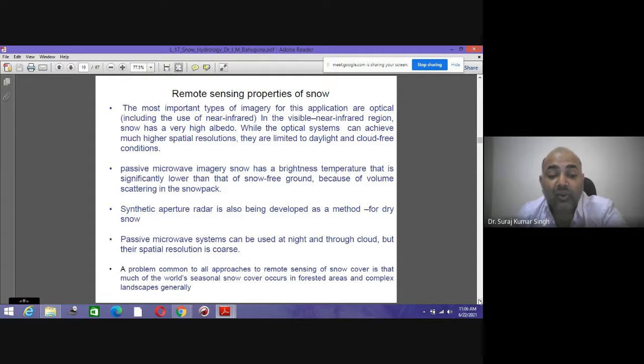Passive microwave systems can be used at night and through cloud, but their spatial resolution is coarse. A problem common to all approaches to remote sensing of snow cover is that much of the world's seasonal snow cover occurs in forested areas and complex landscapes.